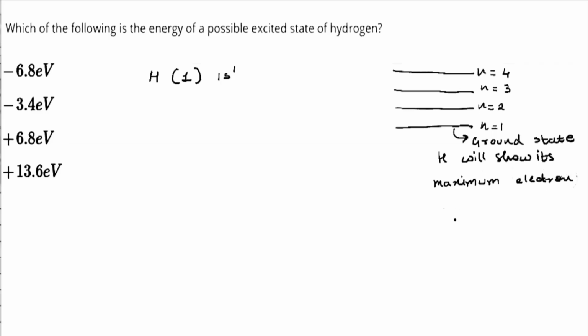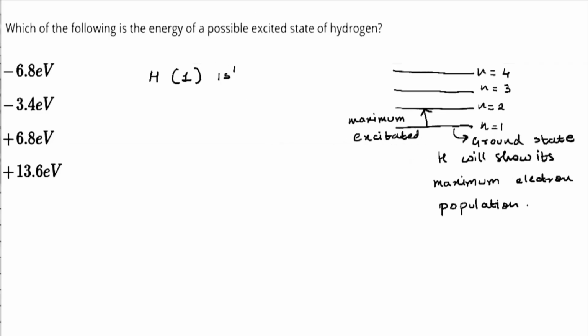That means the most possible excitation which would take place would be to the very next available level, and that's n equal to 2, isn't it? So the maximum excitation would take place from the ground state to the very first energy level available.